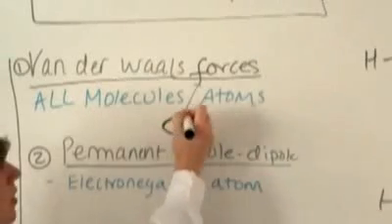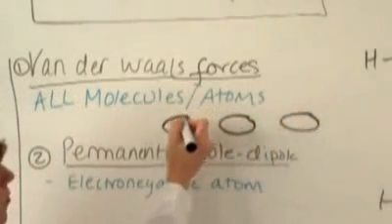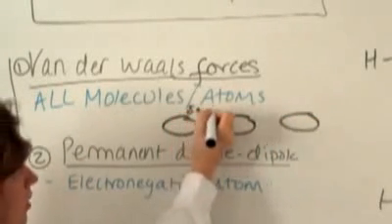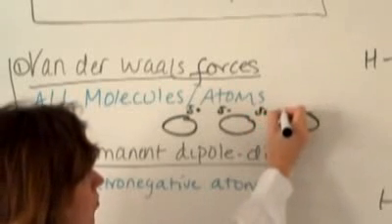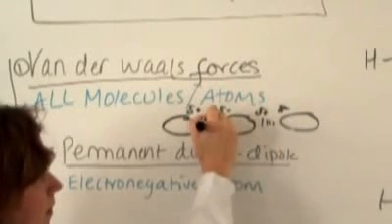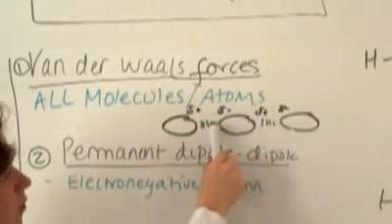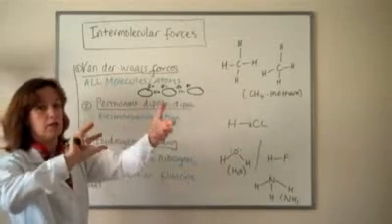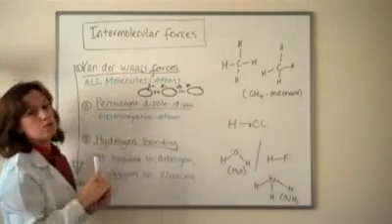I'm not a very good artist, but I think you get the idea. You get these temporary dipoles, and this attraction and repulsion between the electrons present forms the intermolecular force. But this is constantly forming and breaking, switching the whole time, and that's why these are so weak.